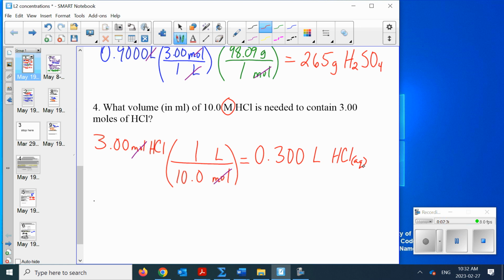Now, to go to mils, you don't have to show a calculation. But 1 liter is a lot of mils, so a small amount of liters is a lot of mils. We're multiplying by 1,000. Just ask yourself whether it's multiplied by 1,000. So that's equal to 300.